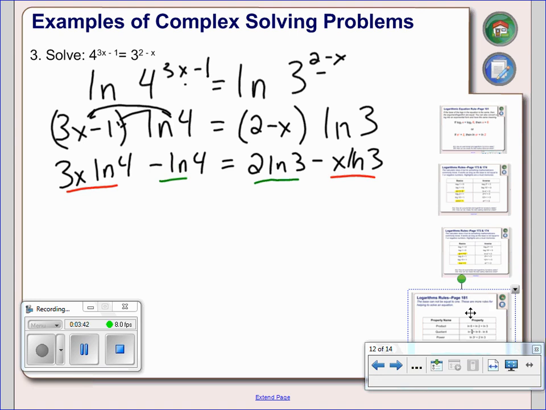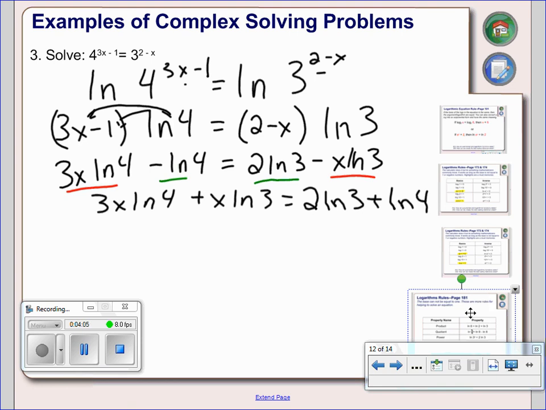So I'm going to do algebra. I'm going to add the x and move it over there. I'm going to add the natural log of 4 and move it over here. So I'll have 3x natural log of 4 plus x natural log of 3 equals 2 natural log of 3 plus natural log of 4.